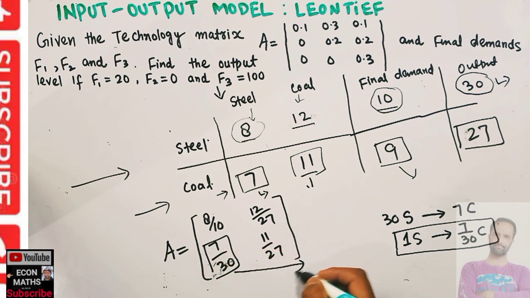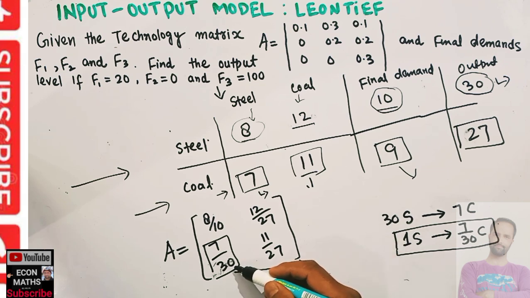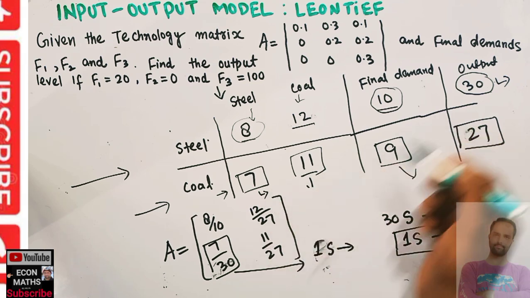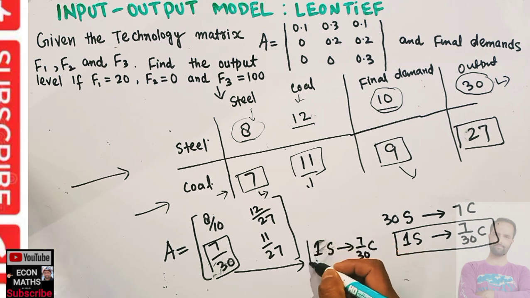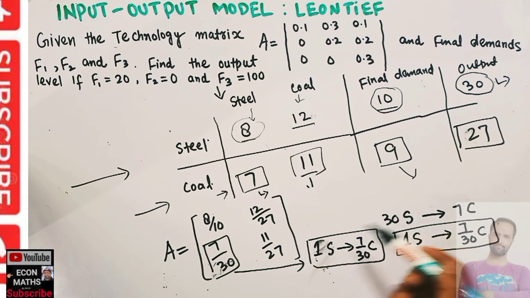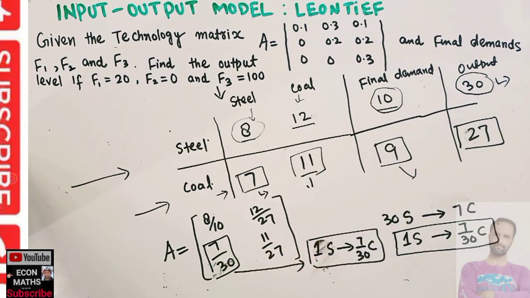If I want to interpret this 7 upon 30, it tells us that to produce 1 unit of steel, we require 7 by 30 units of coal. It shows the percentage share of input of one industry in the output of the other industry. Okay, this is our technology matrix, and this is what I want to convey here.